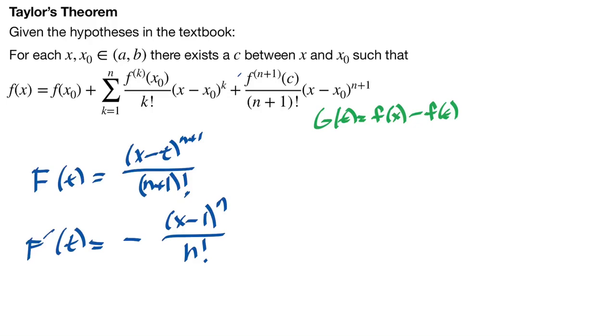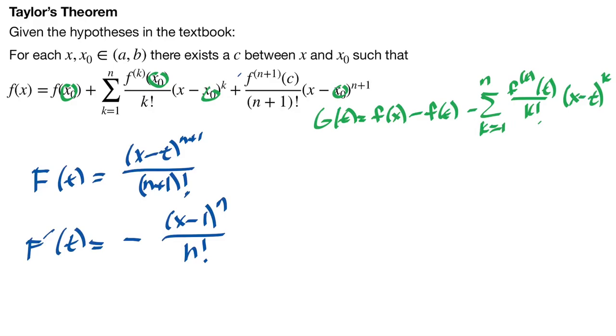I kind of lied about which side of the equation we're moving to, but it's the same thing. It's a similar idea. Minus f of t minus this sum as k goes from 1 to n of f to the kth derivative of t all over k factorial times x minus t to the k. So what you'll notice that I did with these two equations is I just consistently swapped out all of my x naughts for t values instead of x values.